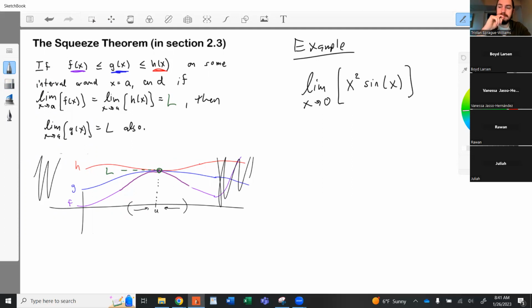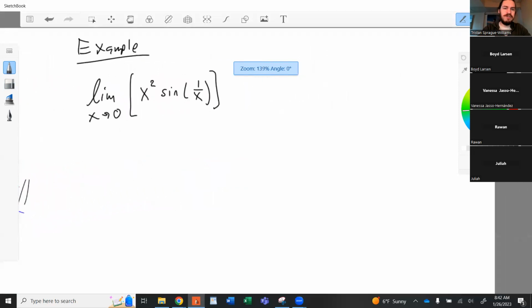There we go. This is a classic example. Oh no, sine of 1 over x. That's what I want to do. We could apply it to the other one too, but it's more interesting if we do sine of 1 over x. So why is this interesting?